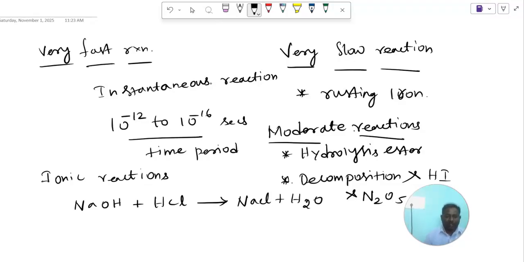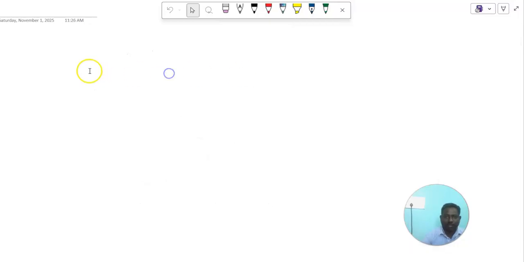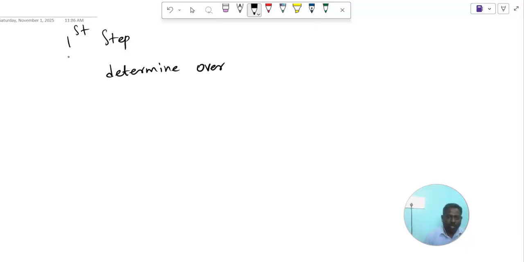So in general, how is chemical kinetics studied? What are all the steps involved? In the first step, we are going to determine the overall stoichiometry of the reaction.